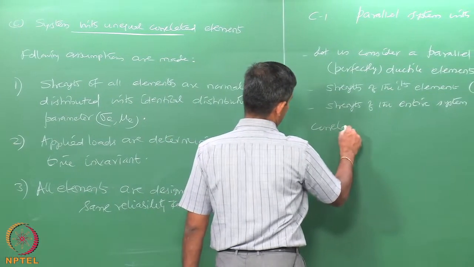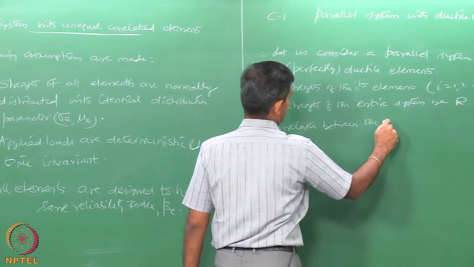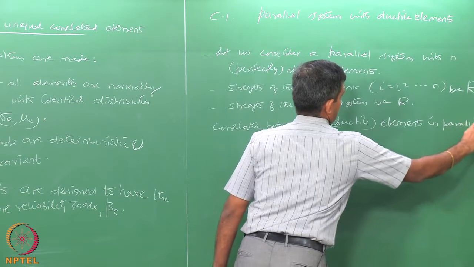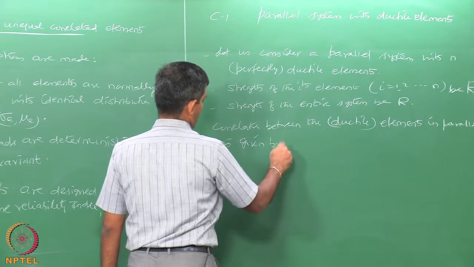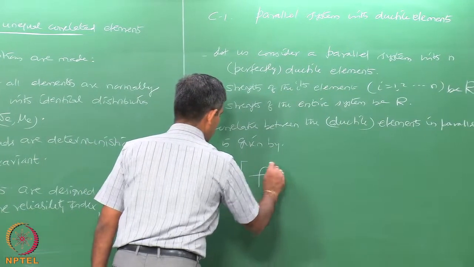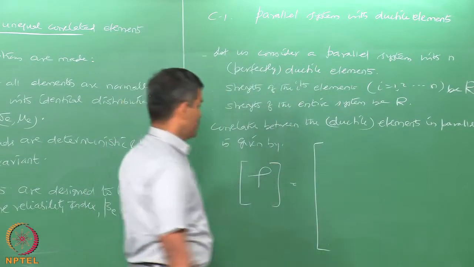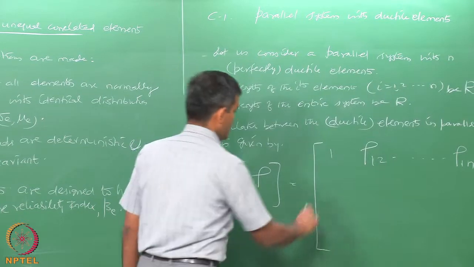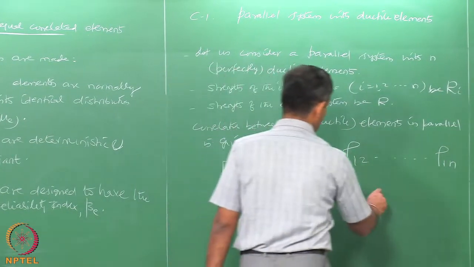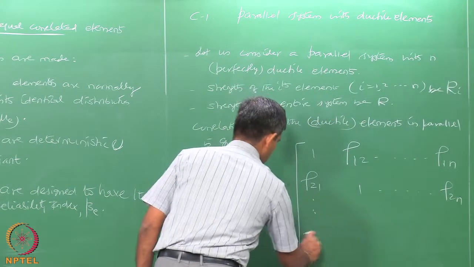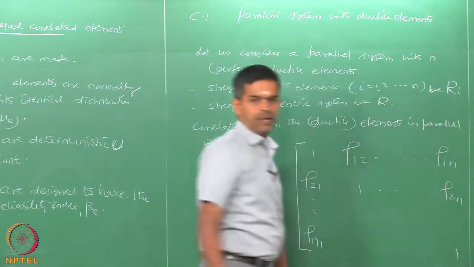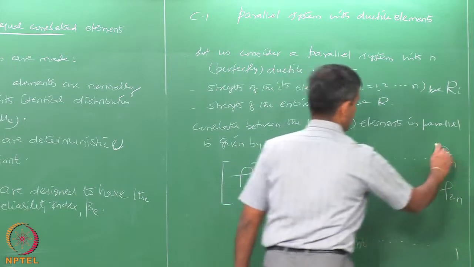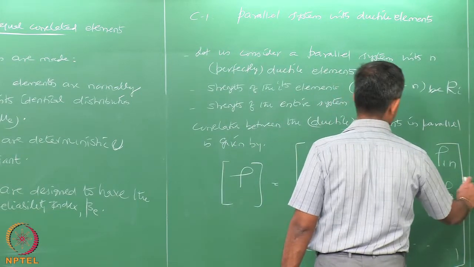So, the correlation between the elements in parallel is given by the rho matrix, which is going to be unity, rho 1n, rho 21, unity, rho 2n, rho n1, rho n2, etc. So, that is going to be the matrix which we call equation number 10.